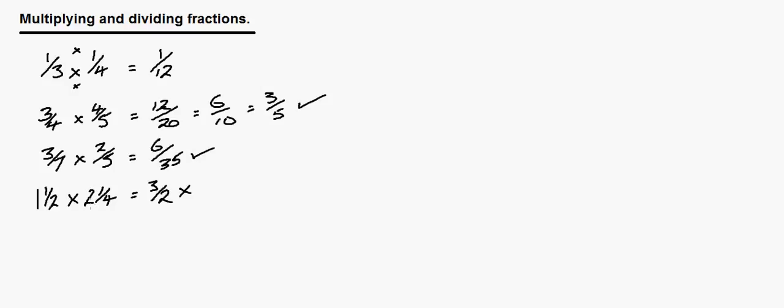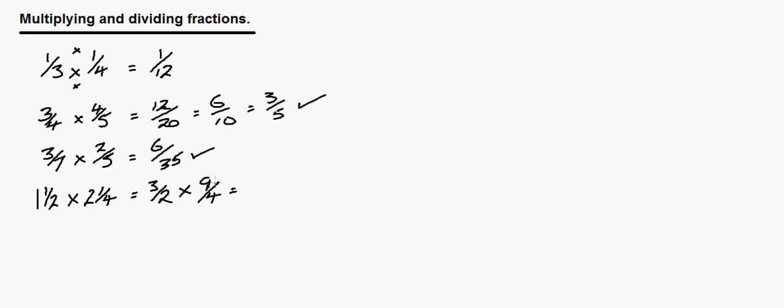So in 2 there must be 8 quarters. Plus this 1/4 is 9 quarters. Okay? So we've changed this from mixed numbers to improper fractions. So now we've gone back to this, which is what we want.